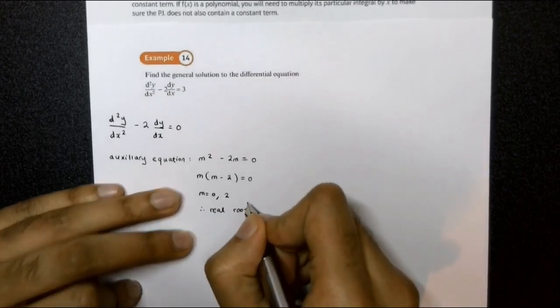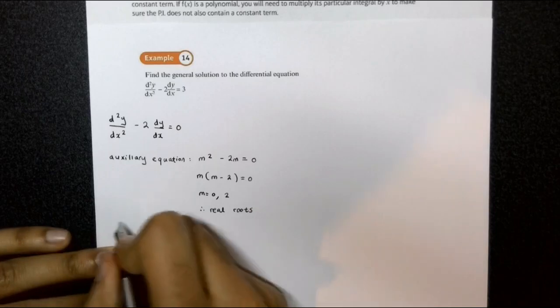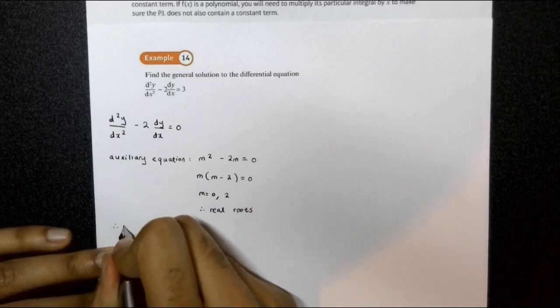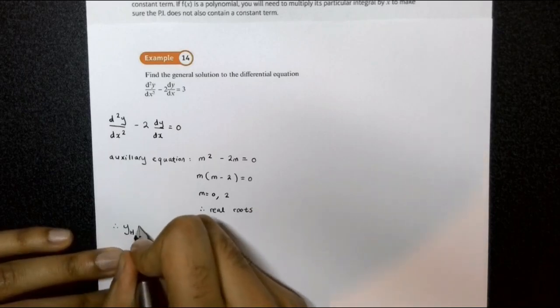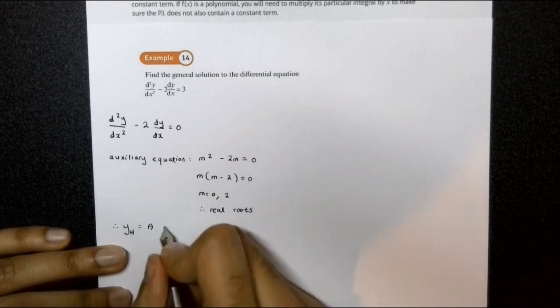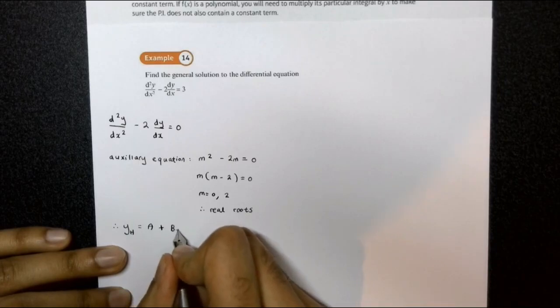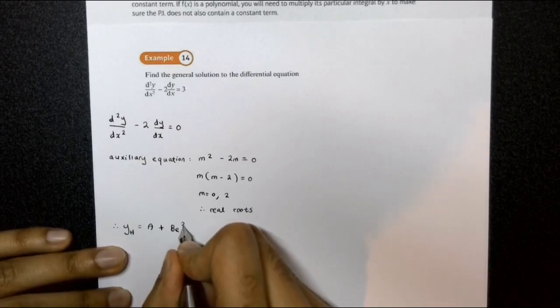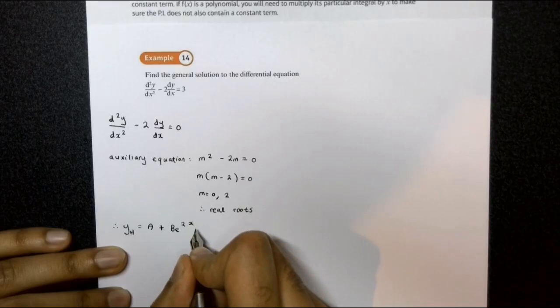So, knowing that we've got real roots, our complementary function is equal to a e to the 0, which is simply 1, plus b e to the 2x.